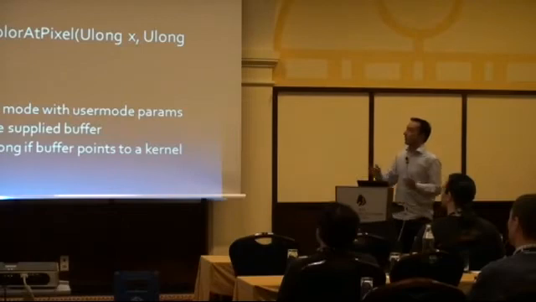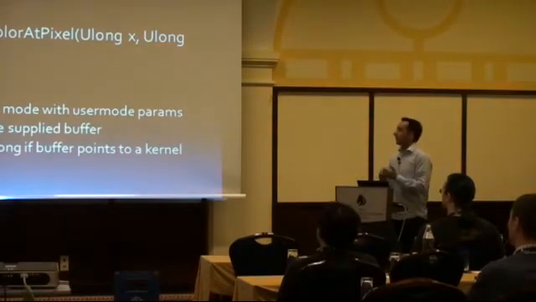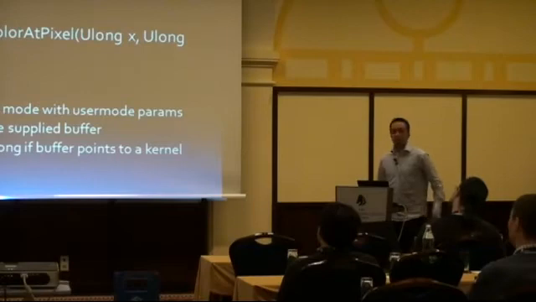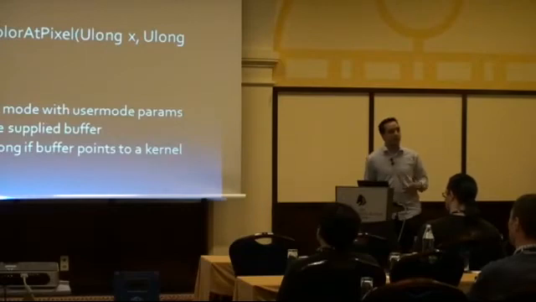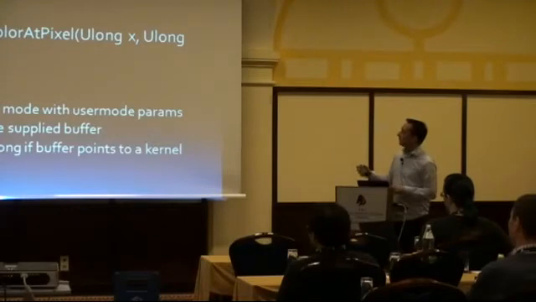So, an entry point example. Let's say a fake function that gets the color at a pixel. It has 3 arguments: ulong x, ulong y, and a pointer to a buffer to get the color, right? This is going to be executed in kernel mode, but the parameters are supplied from user mode, right?